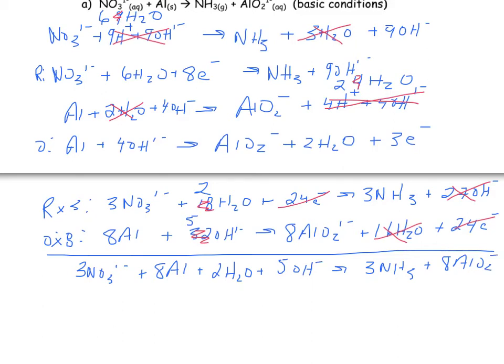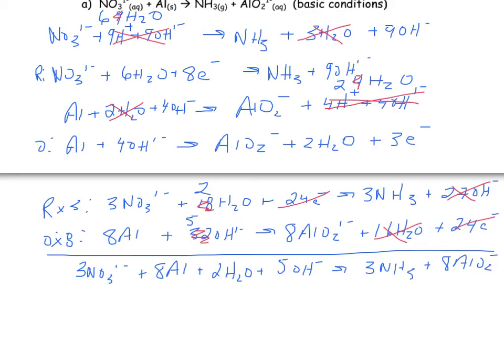Let's double check to make sure our final equation is balanced. I have 3 N's on both sides. I have 8 Als on both sides. For oxygens, 3 times 3 gives me 9, plus 2 more in the water, 11, plus 5 more in the hydroxide, that's 16. On the right side, 8 times 2 gives me 16.